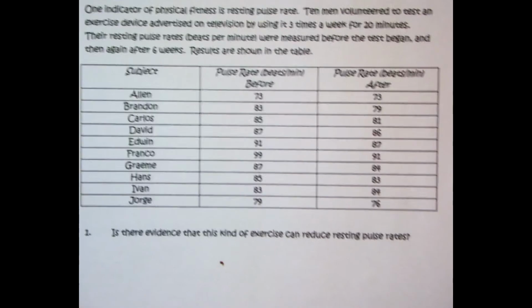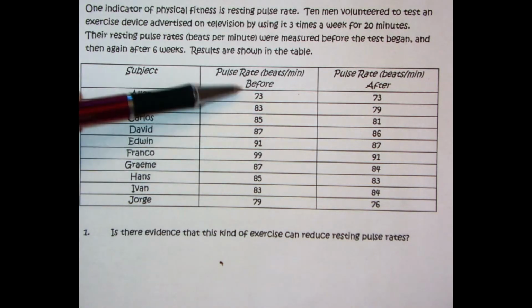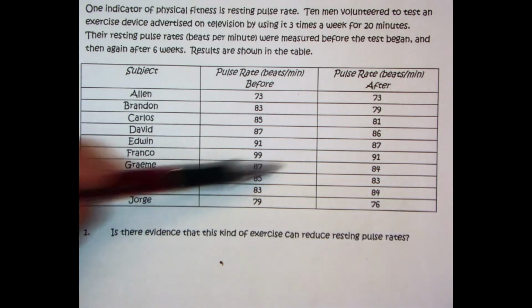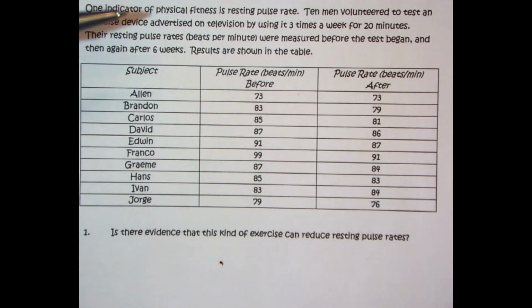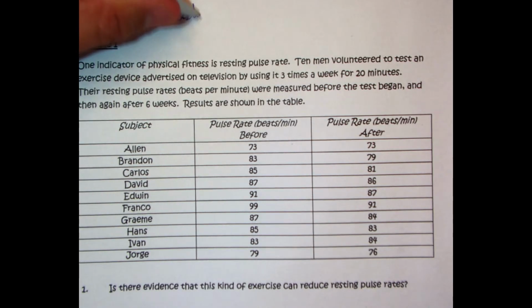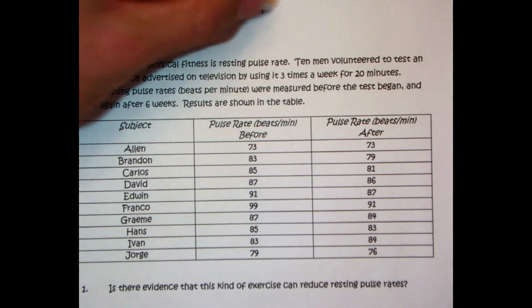Okay. So we have basically 2 samples of data. One was collected before and one was collected after. And we have the same 10 people in both samples. So first of all, we have quantitative data, so we know we're dealing with a t-test.